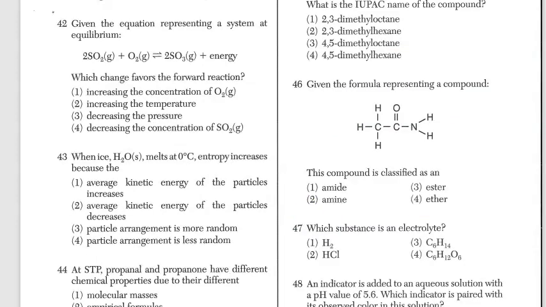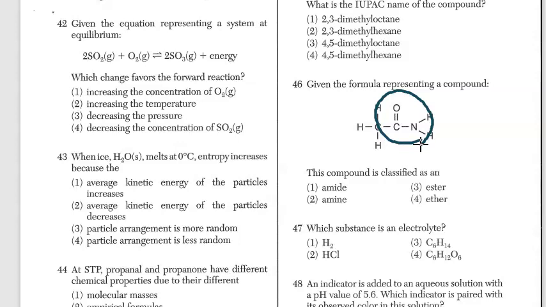Looking at question 46, we're still dealing with organic chemistry. And now what we're looking for is the classification of this compound. Well, it's not just hydrocarbons. There's carbons, hydrogens, there's an oxygen and a nitrogen. So what that means is I need to go to that reference table with the functional groups and play the matching game.